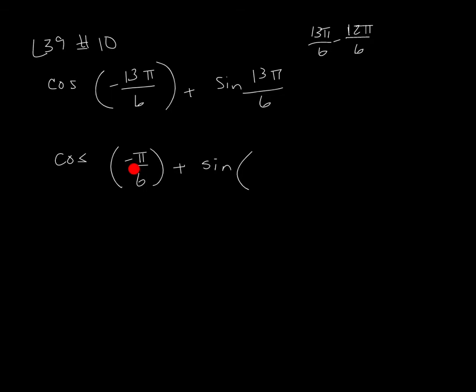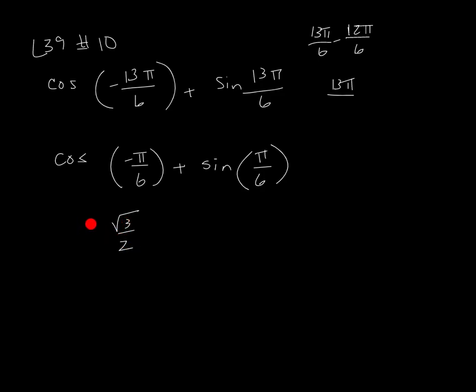The degrees would be 390, and then you can subtract your 360. And then this one's 13 pi over 6. So you would subtract 13 pi over 6 minus 12 pi, and you would just get pi over 6, right? And these are both 30 degrees. So if you know your unit circle, you know where they're going to be. So the cosine of this is going to be square root of 3 over 2.